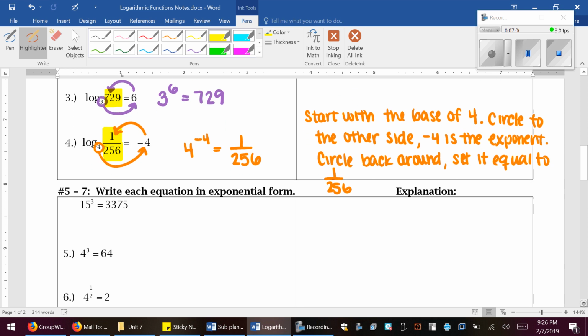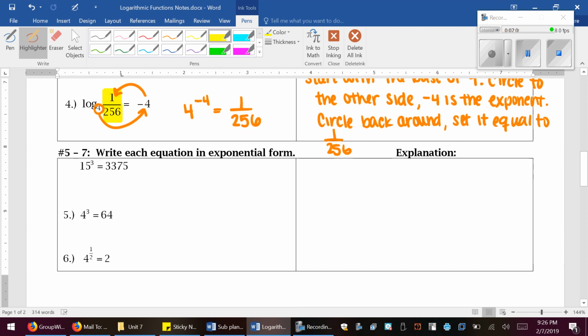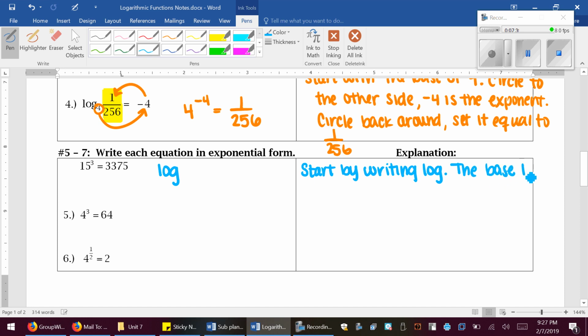Okay, so let's try some that are in exponential form. This first one is 5 to the 3rd power equals 3,375. So we are going to start by writing log, because if it's in logarithmic form, it has to have the word log. The base is 15. That's your subscript.